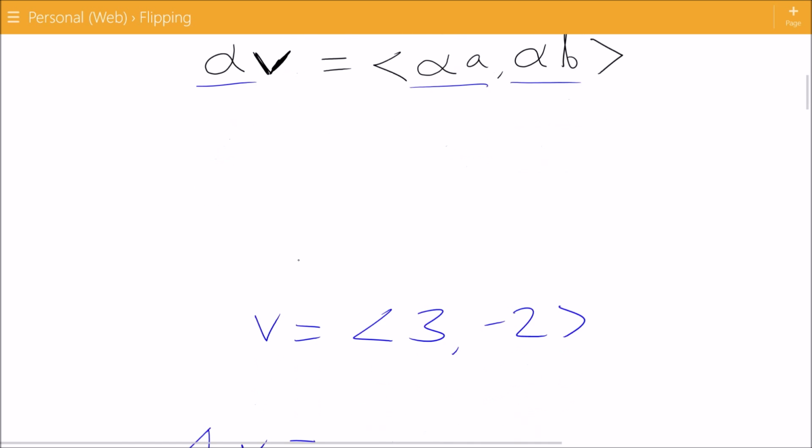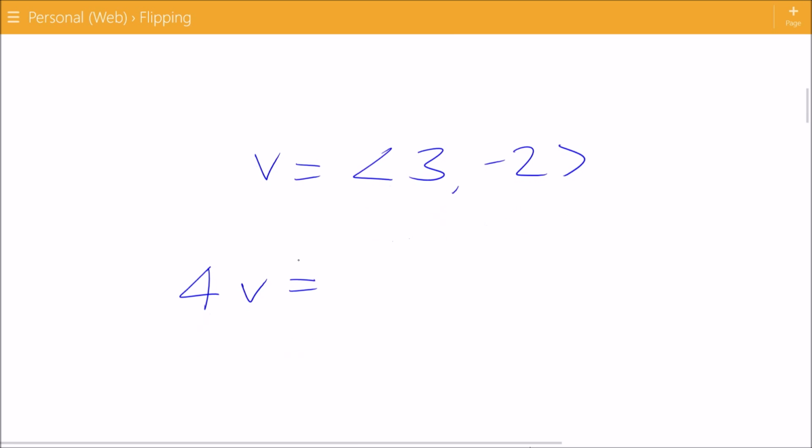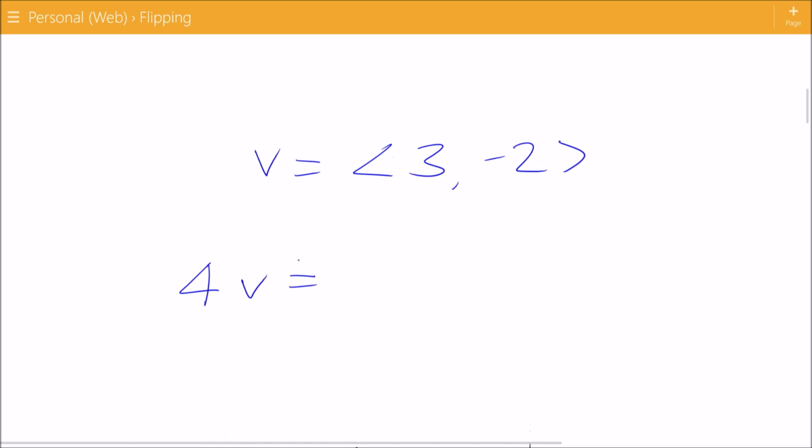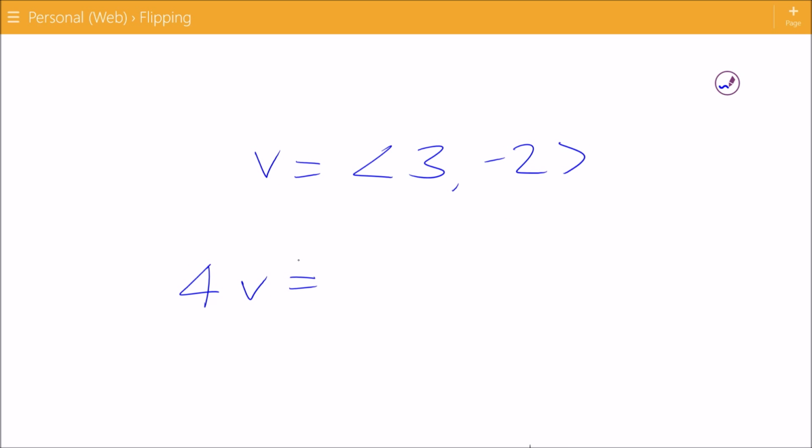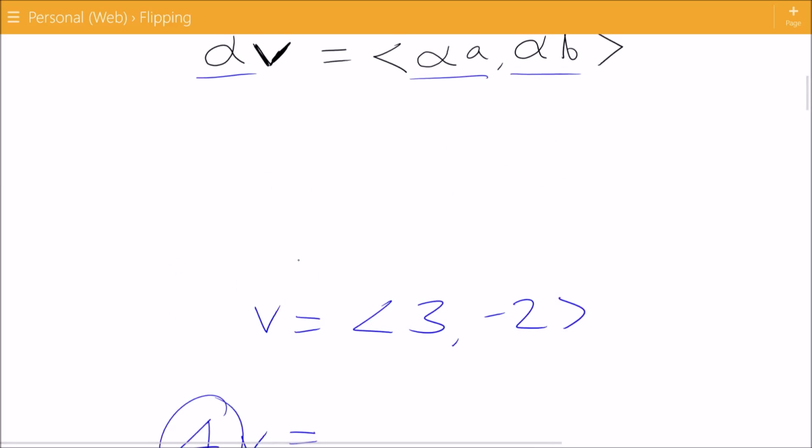So let's see how that might work right here. I've got a vector v, and the components of that are 3, -2. If I distribute this 4 to v, so this is my scalar multiple right here. This is where that alpha was up here.